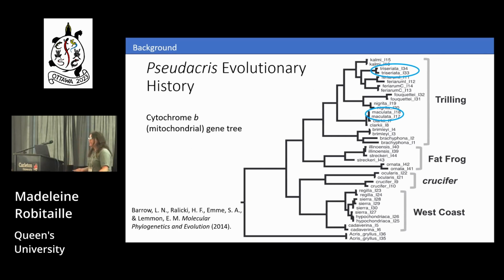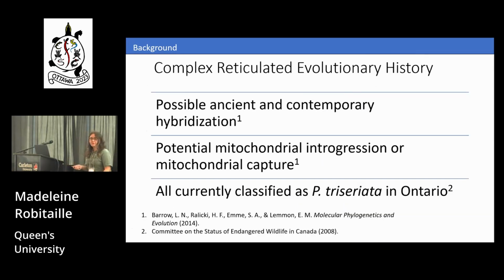So this is just to say that looking at the nuclear genome doesn't tell us the whole story of the evolutionary history or the current population dynamics in Pseudacris. And this mitonuclear discordance is possibly due to ancient and contemporary hybridization. Recall that mitochondrial DNA is passed through maternal lineages, and so hybridization can cause a mismatch in the nuclear and the mitochondrial genomes.